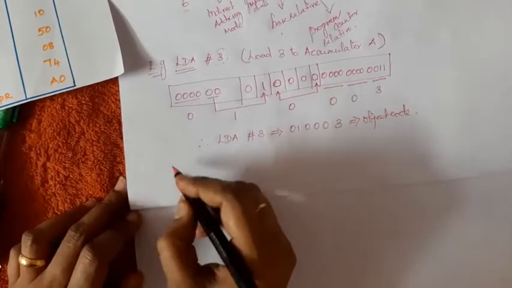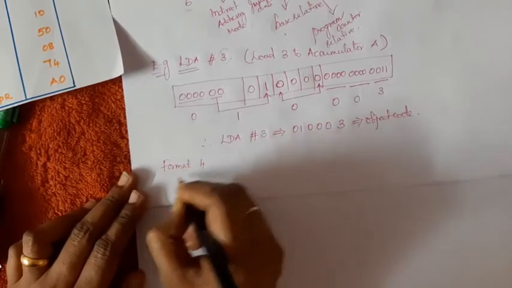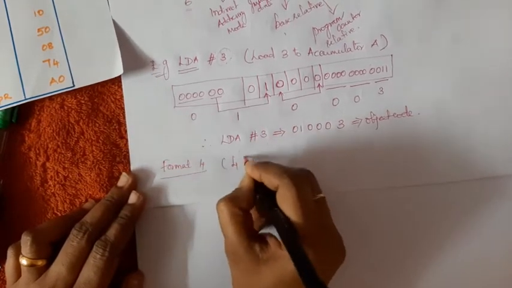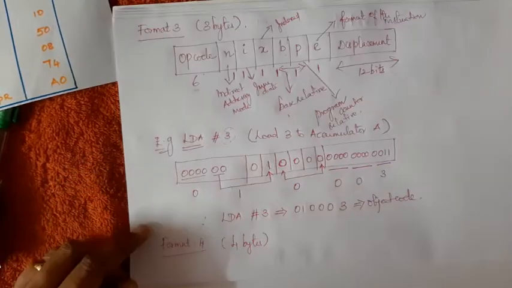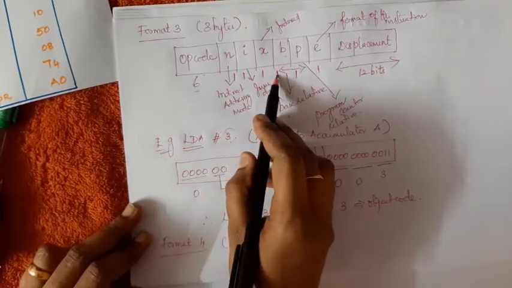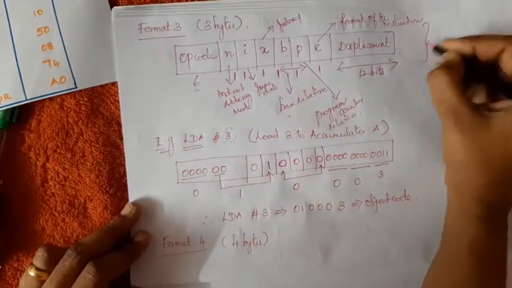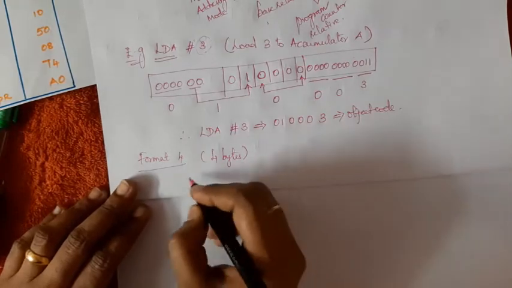Next one is format 4 instruction. Format 4 instruction. So this is 4 bytes. Okay. And in format 3 we have 24 bits: 12 plus 6, 18, 19, 20, 21, 22, 23, 24. So this whole is 24 bits. Here we have what? 32 bits.